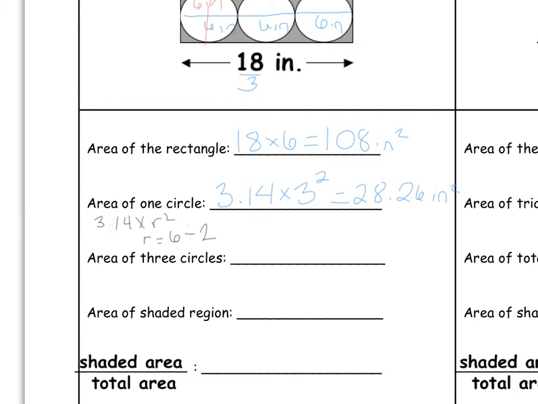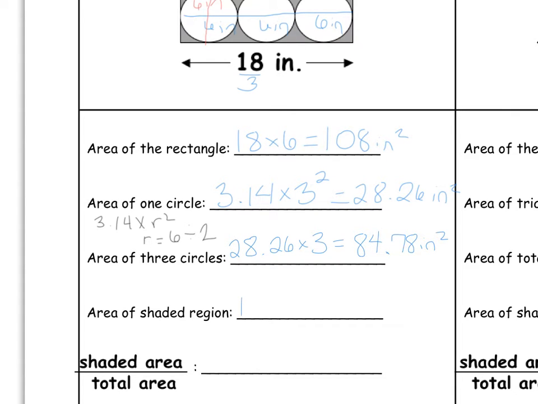But that's only for one circle. We have 3 of them. So we need to multiply 28.26 by 3 to get 84.78 inches squared for all 3 circles. Now, those 3 circles are like holes in the board, meaning they've been taken out of the entire board.